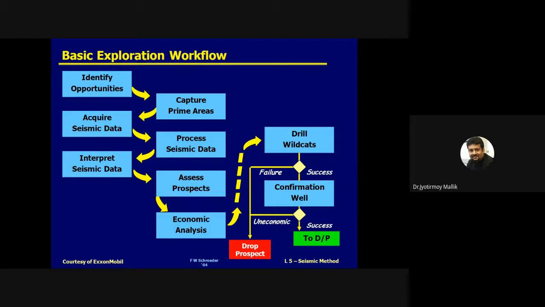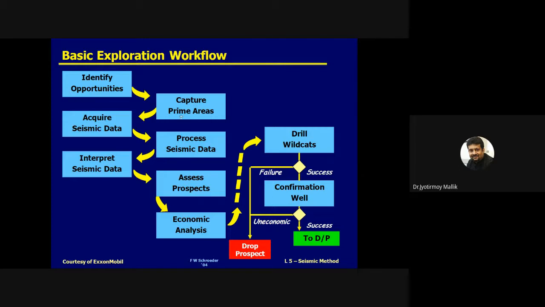But for the time being, remember that not all rocks contain oil and gas. So your geological knowledge is extremely important in identifying opportunities. You say that this particular place, for example Bhopal, is an opportunity because I know from my geological background knowledge that perhaps oil and gas could be here.